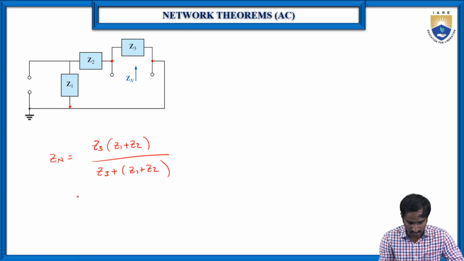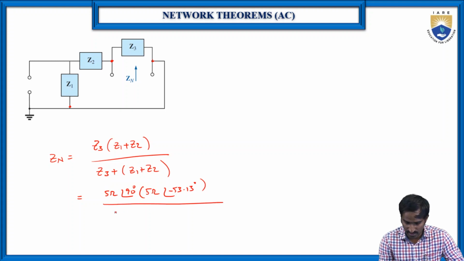Then substitute these values. The Z3 value is 5 ohms at an angle of 90 degrees, and the Z1 plus Z2 value is 5 ohms at an angle of minus 53.13 degrees, divided by Z3 plus Z1 plus Z2. Because here it is addition, I am writing in rectangular form: j5 plus 3 minus j4 ohms.